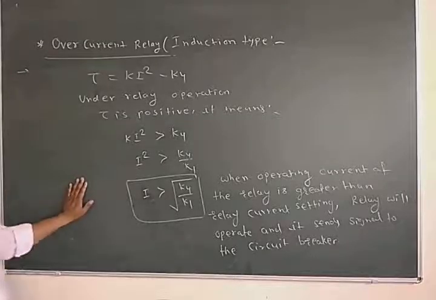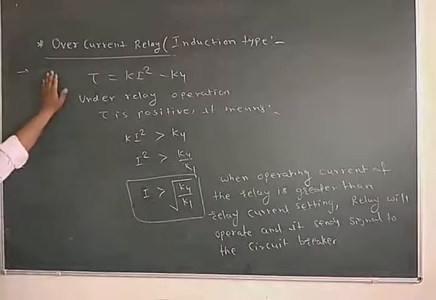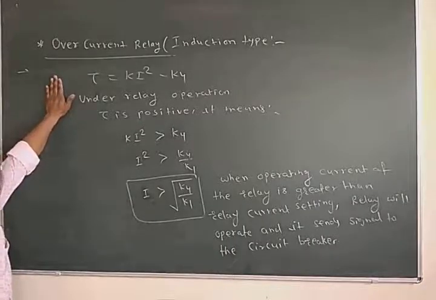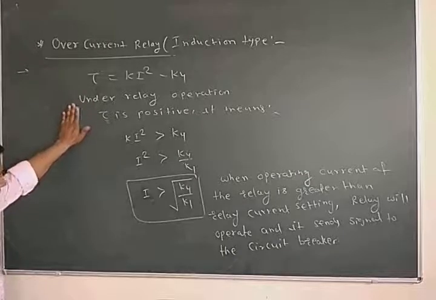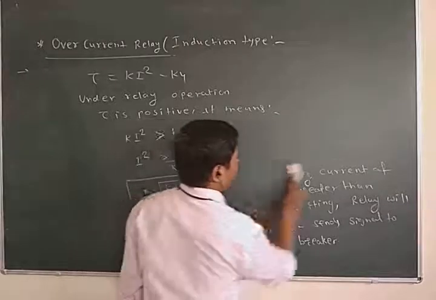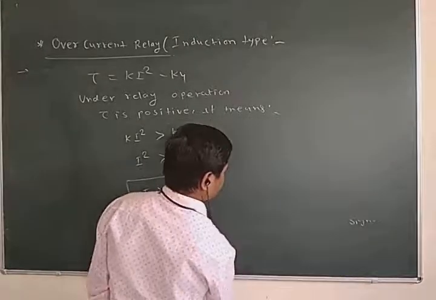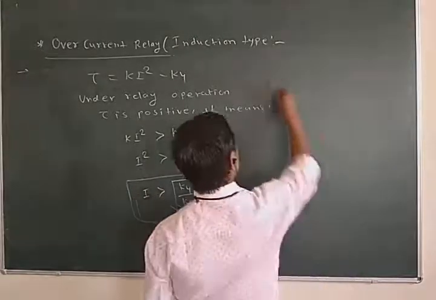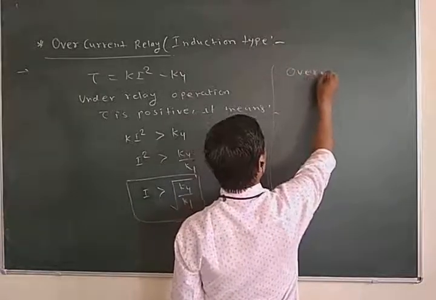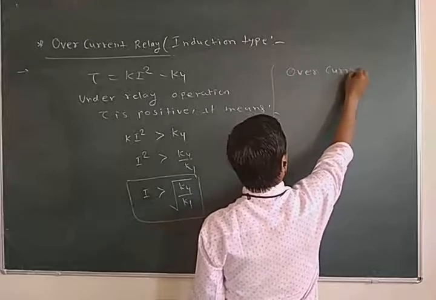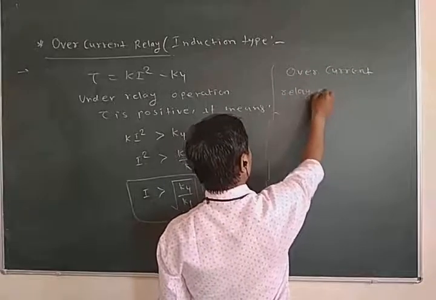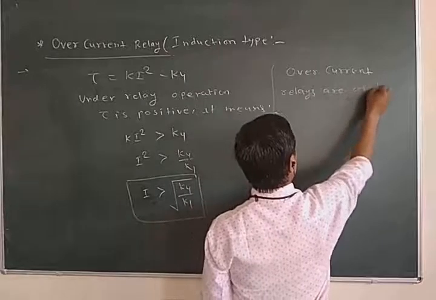Now next is the types of induction type overcurrent relay. There are two types of overcurrent relay: one is non-directional and the second is directional relay. Here we write: overcurrent relays are of two types.